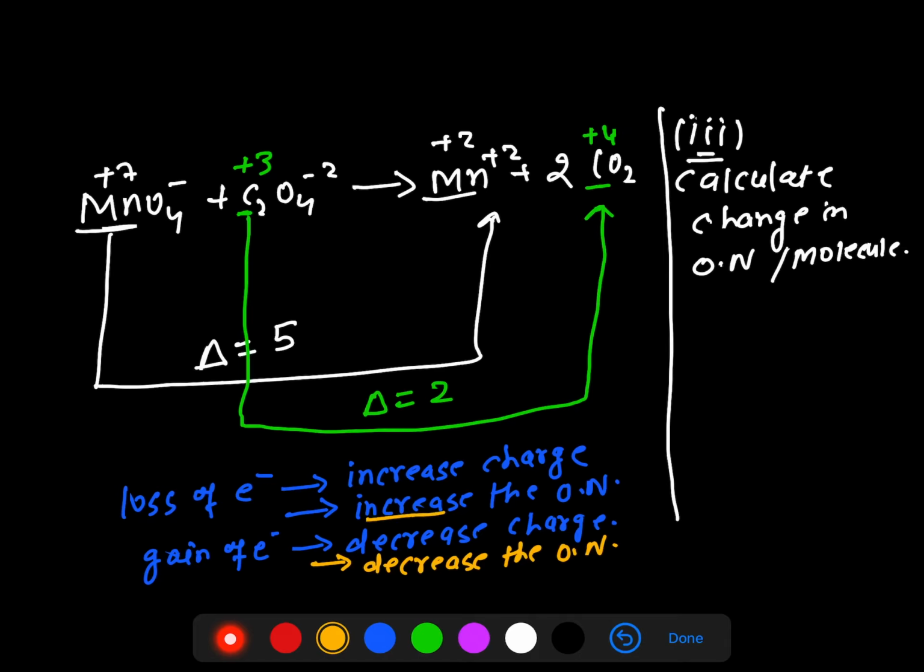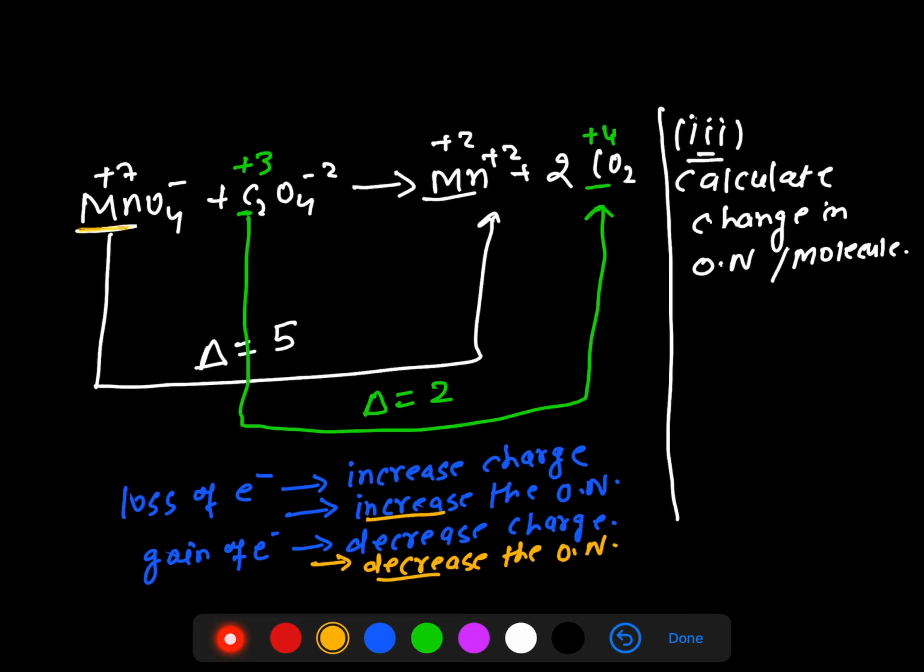right? So if we ignore increase or decrease, basically a change in oxidation number of 1 unit is because of transfer of 1 electron. If the oxidation number is increasing by 1 unit, we will say that 1 electron was lost. If there is an increment in oxidation number by 2 units, we will say that 2 electrons were lost. 3 units, we will say 3 electrons were lost, right?